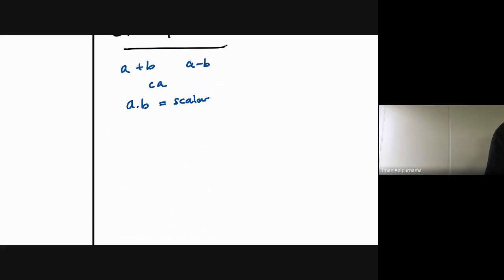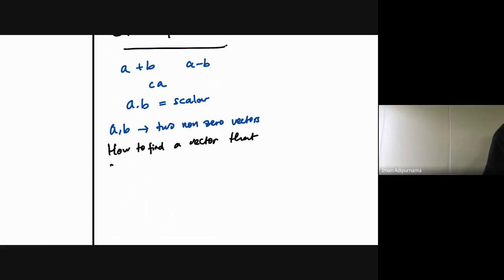Now, if you have A, B, two non-zero vectors, how to find a vector that is orthogonal, or let me write perpendicular, to both A and B. So this is the thing that we need to solve, or why we need the method of the cross product.